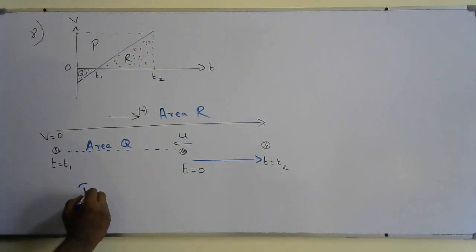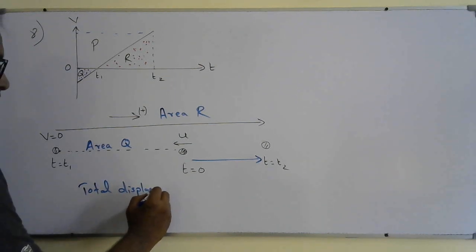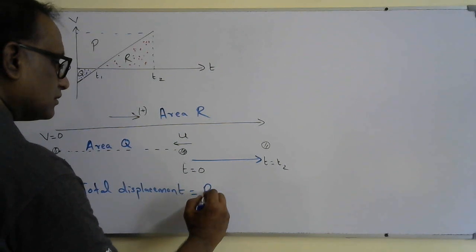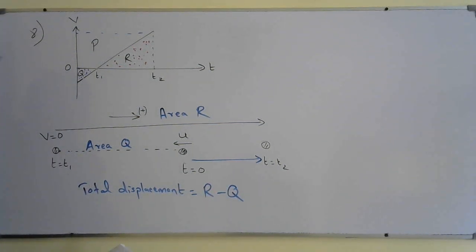The total displacement will be R minus Q. That is answer D.